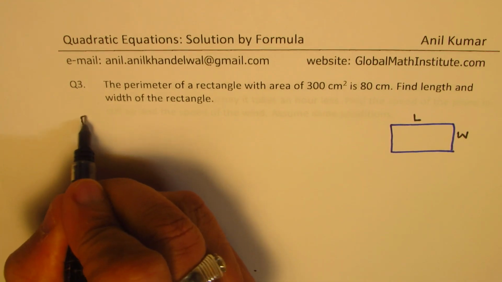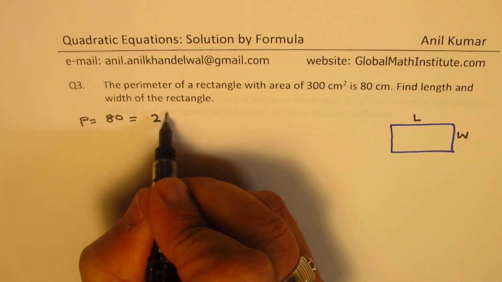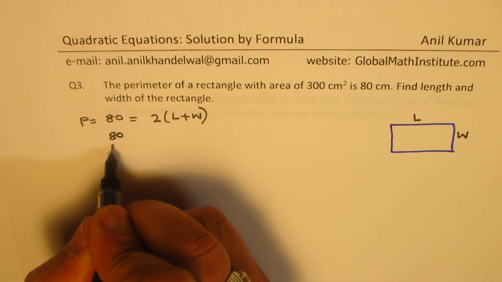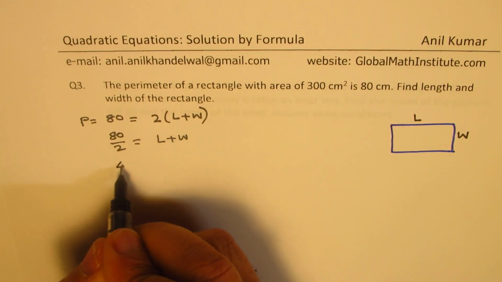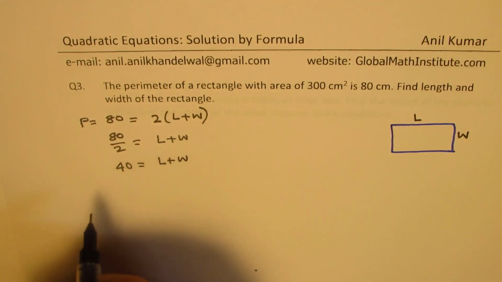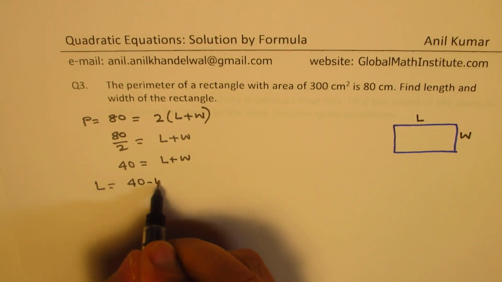So we are given that the perimeter is 80. Perimeter is twice length plus width. So we get one equation. So 80 divided by 2 is length plus width. So that means 40 is length plus width. Now from here, we can write length in terms of width, right? So we can write this as 40 minus W.